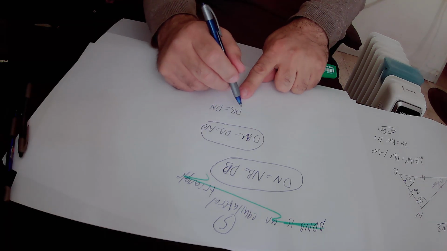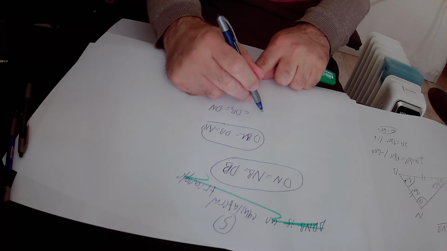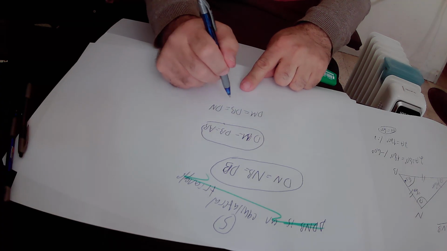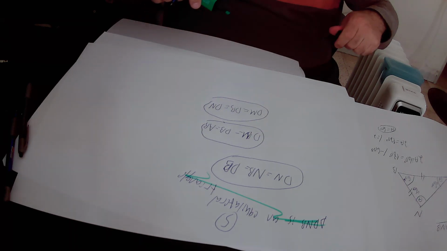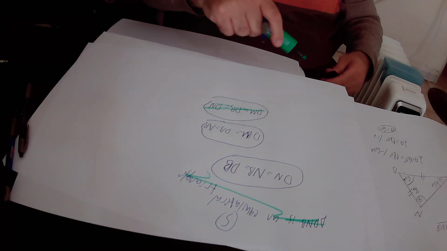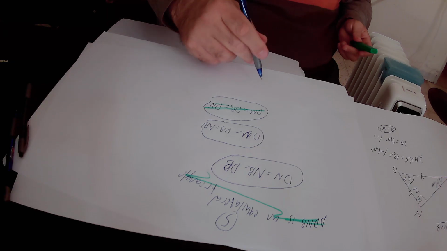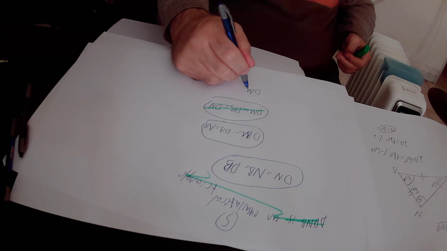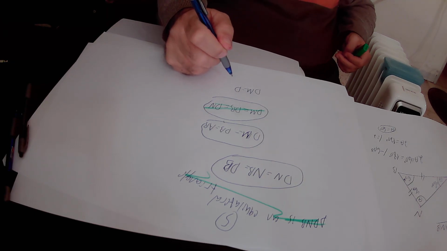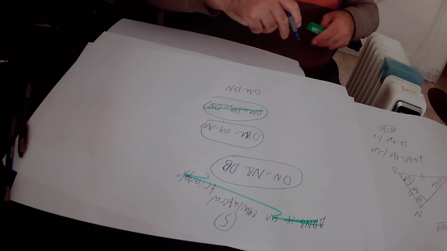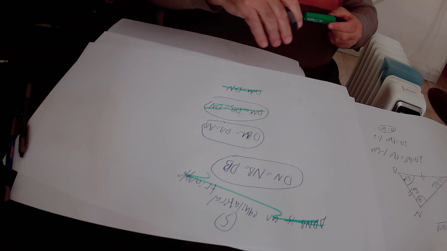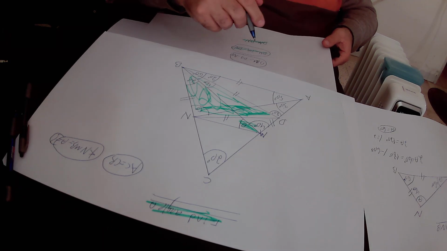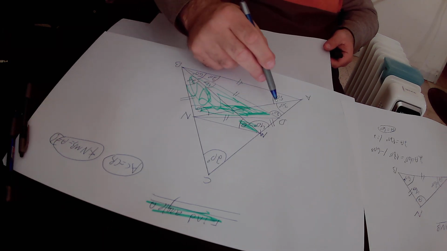We can write here that DB equals DM, and from this equation, we will derive that DM equals DN.